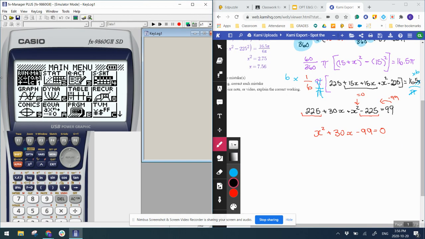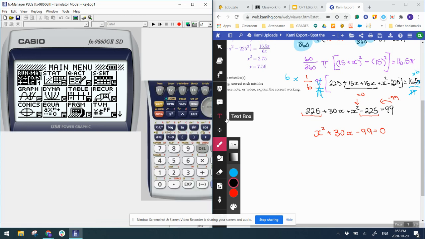So I have our calculator over here. We're going to go down to this equation. So we're going to go to A. Let's make the screen a little smaller here.